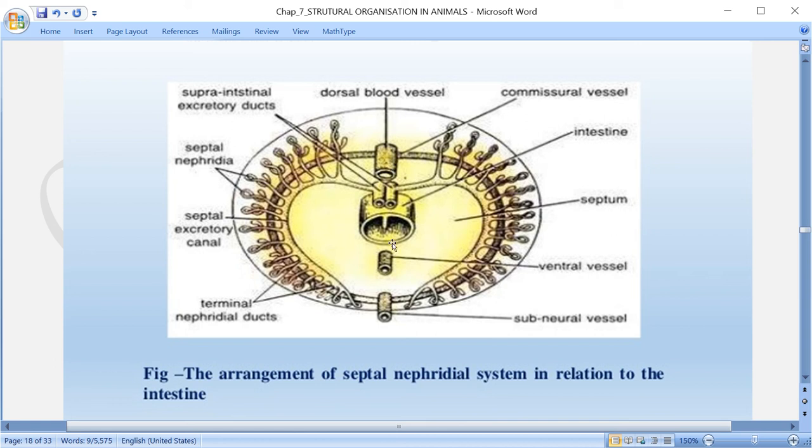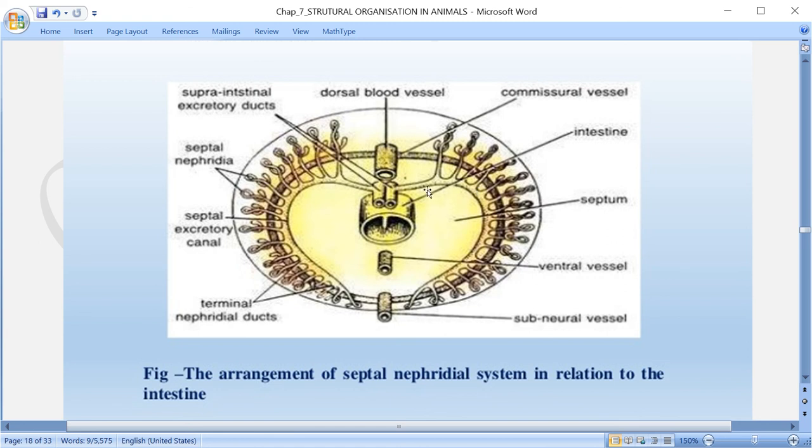और उसके just नीचे आ जाओ, यहाँ पे देखो ventral blood vessel. और ventral और dorsal के बीच में ये क्या आ रहा है? Intestine is coming. So to the intestine is connected this main tube, which collects the waste that is being absorbed by this septal nephridia, and then that is sent into the intestine over here.